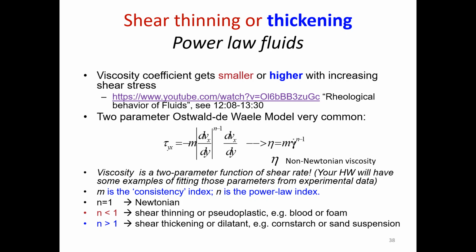It's really minus m times gamma dot to the n. But I want to conform to this so I can express viscosity. Plus, because gamma dot is minus dvx dy.